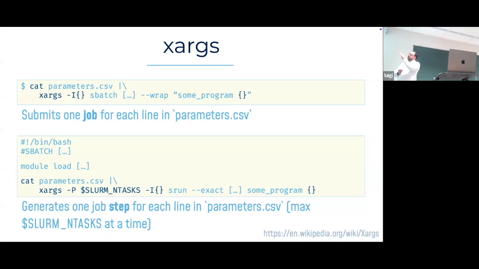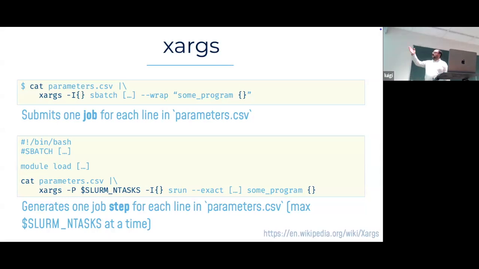You can also use elements in a file. So just before I used xargs with find, and find generated a list of files, but it does not need to be a list of files. If you have a file called parameter.csv, you can use xargs the same way as before. It would split each line, and each line will be introduced here as a parameter of the some program.